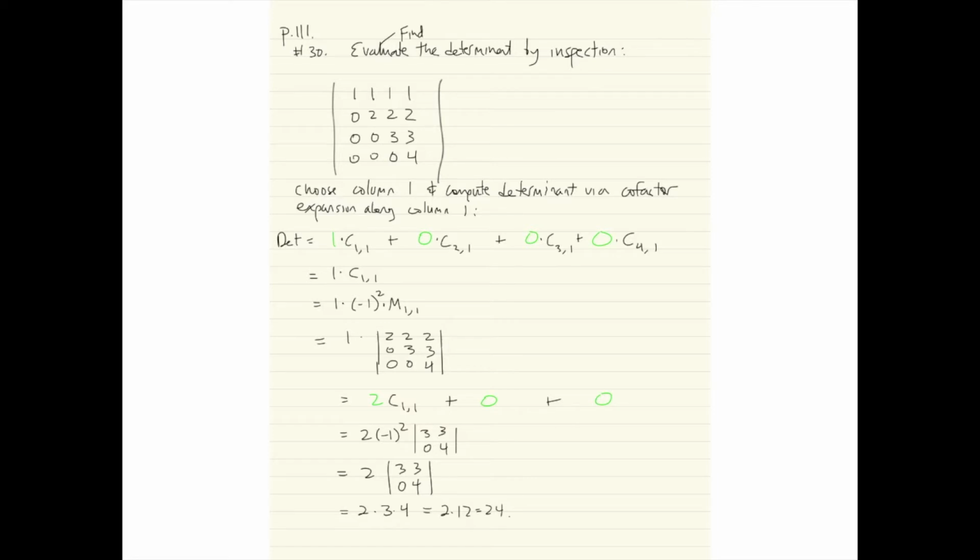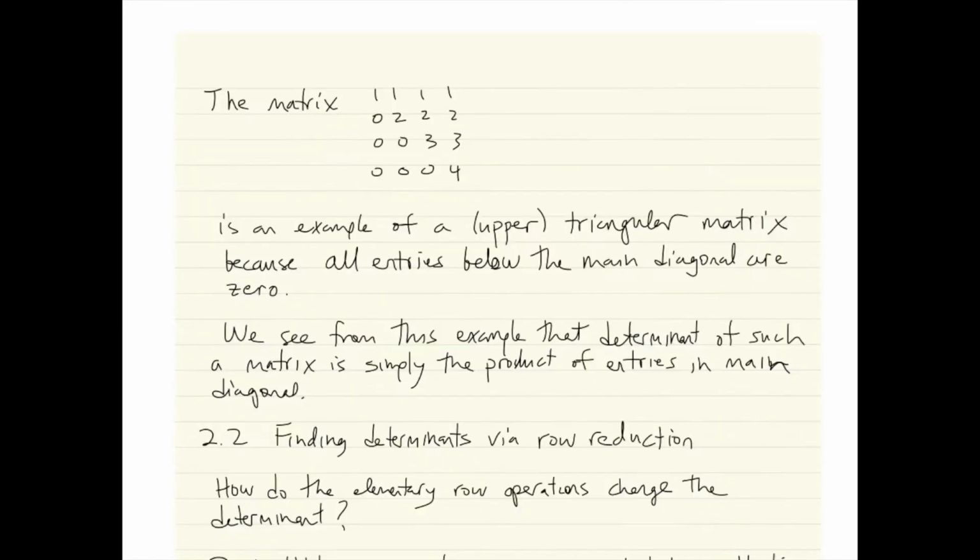And that's a general case of what will happen when you have a bunch of zeros beneath the diagonal. The determinant is going to be the product of the diagonal terms. The fact that these were 1s and 2s didn't matter. It was really just the terms along the diagonal that contributed to this determinant. That's what I've written up here: this matrix is an example of what's called an upper triangular matrix.